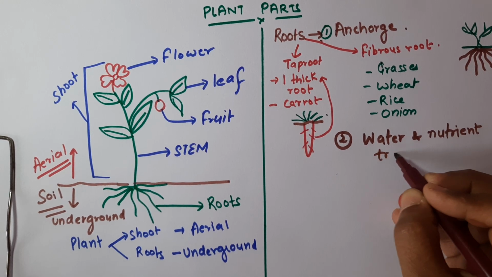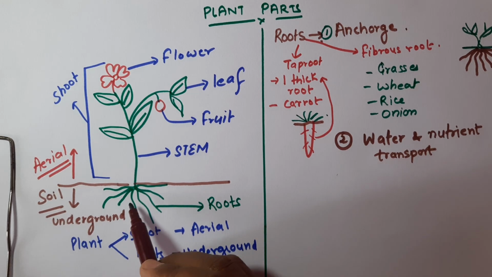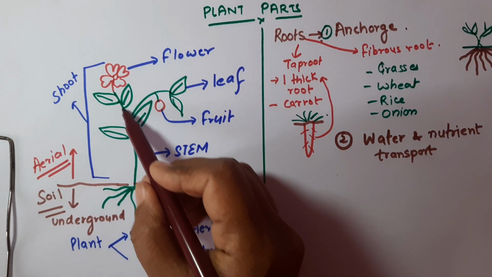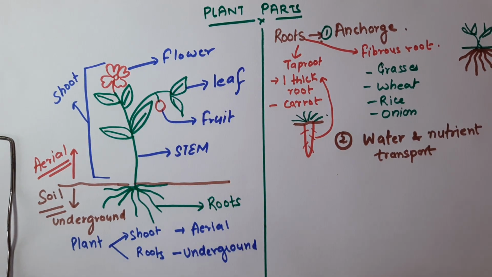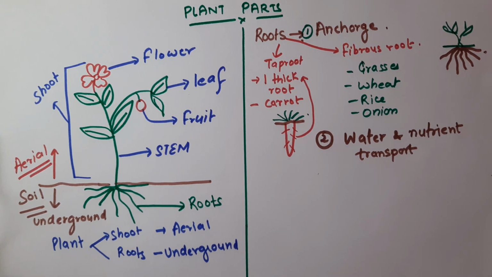We all know that we need water and nutrients for our growth, right? Likewise, the plant also needs water and nutrients. So how will it get them? The root takes them and passes them on to the various plant parts. That's why roots are very, very important, students, for optimal plant functioning.